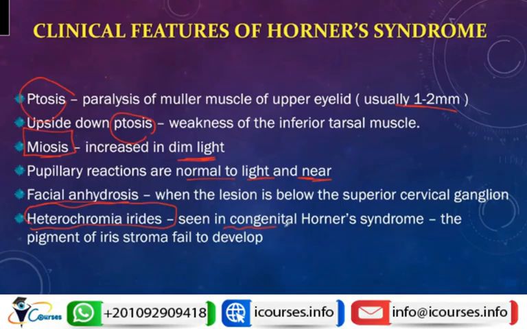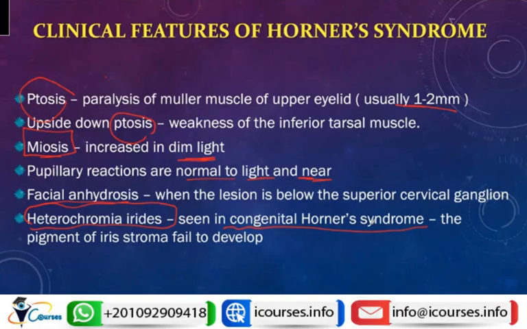can occur in congenital Horner syndrome, because as we said in the anatomy, the development of the color of the iris occurs due to melanocytes migration, which starts in the embryonic life and continues later on in the few months after birth. So it will continue to develop in the 6 or 7 months after birth, and this melanocytes migration is under the effect of the sympathetic system.